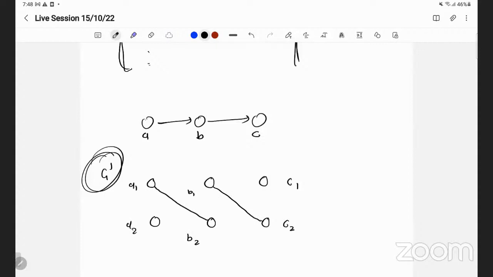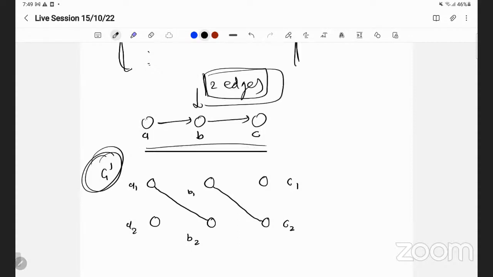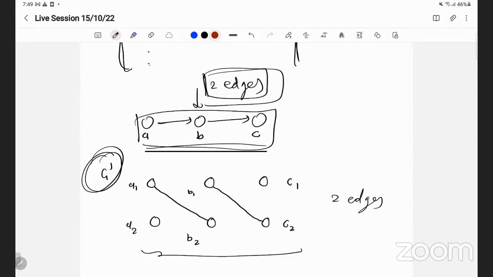Now, this particular path has two edges, and G prime also has two edges if you consider only these vertices. We can consider these as a matching, right?